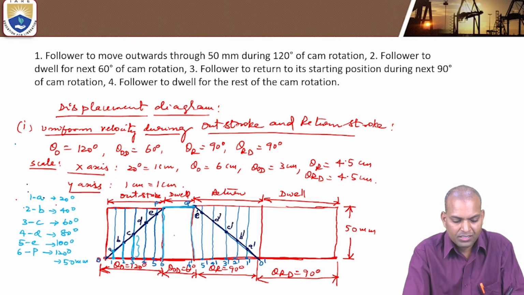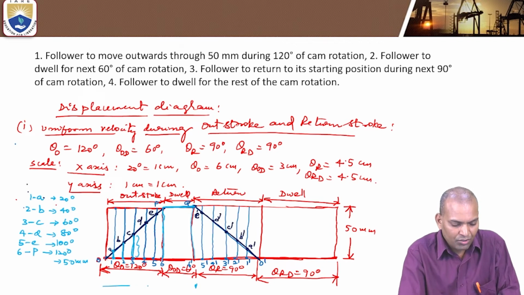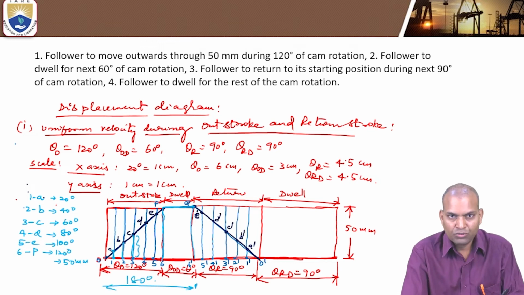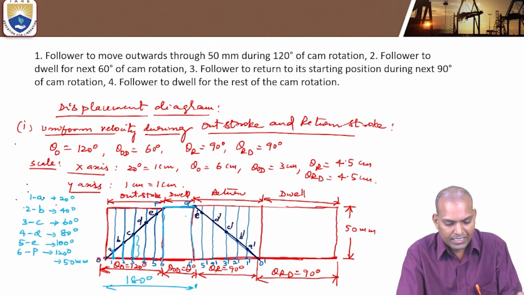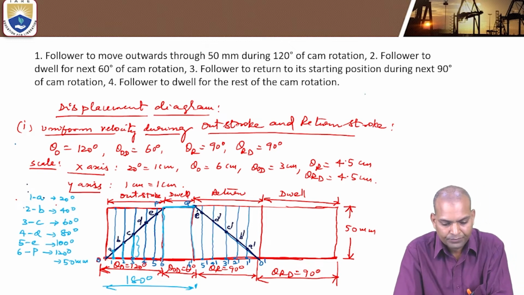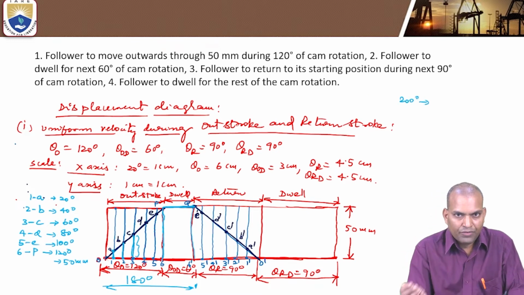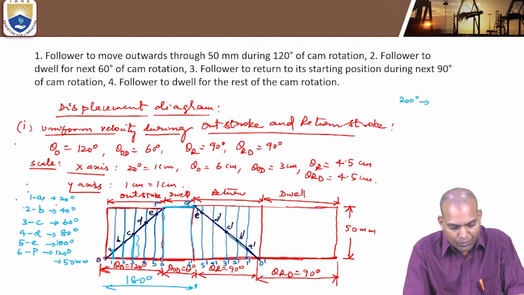Now it begins again at 120 plus 60, that is 180 degrees. Here the cam is under rotation. Next 20 degrees, that means 180 plus 20, that is 200 degrees. For 200 degrees of cam rotation, now it comes down. The coming down position you have to take.